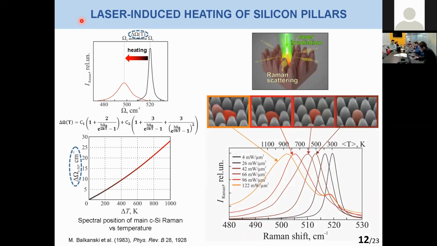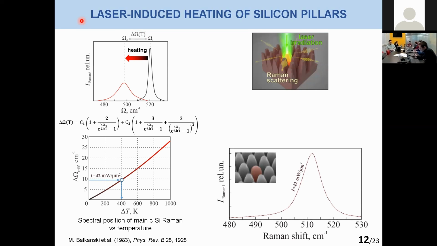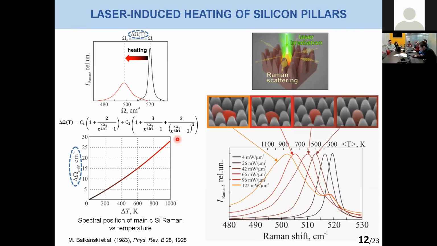And from the obtained results, we can see that the threshold intensity at which the top of the structure melts is 42 milliwatts per square micrometer. But the heating value of 400 Kelvin, determined from the shift of the silicon peak, is significantly lower than the silicon melting point. And also at high intensities, there is clear asymmetry of this curve.